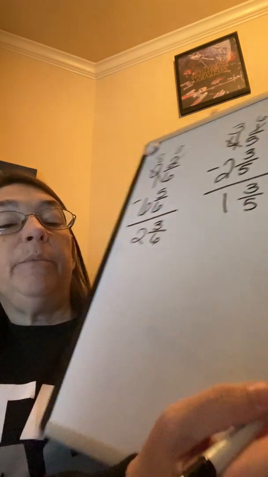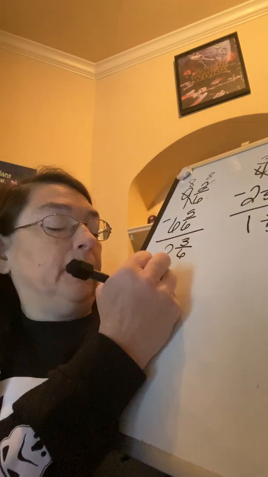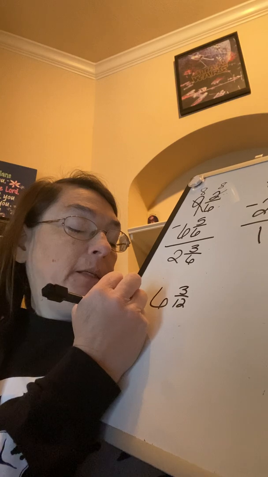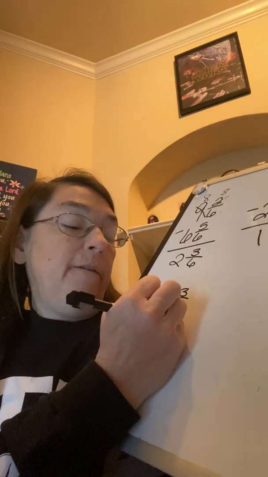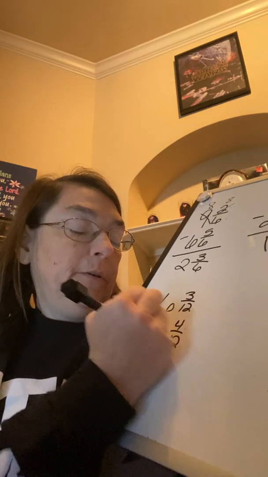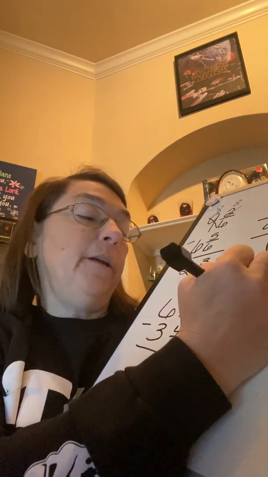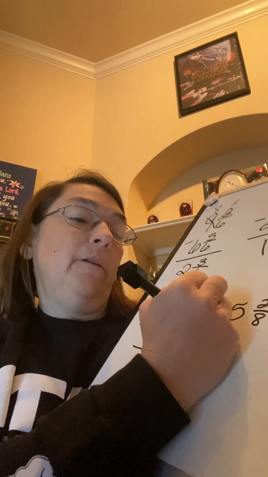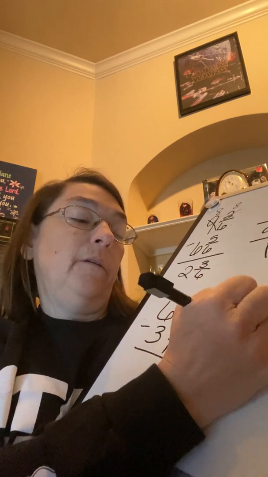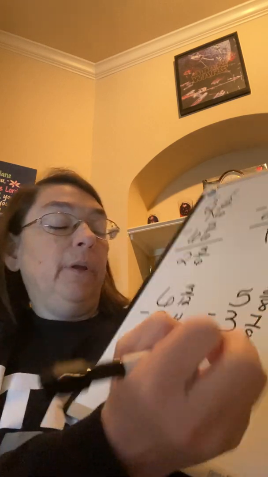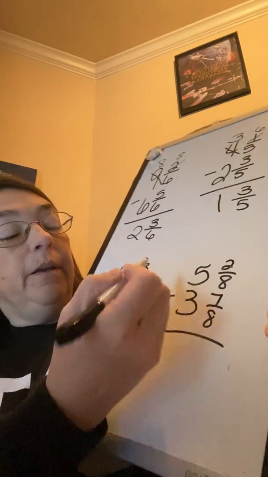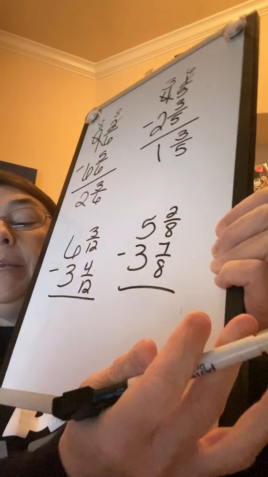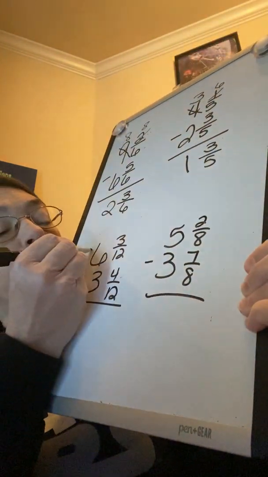All right, moving to number 7. You had 6 and 3 over 12 minus 3 and 4 over 12. And I'm going to go ahead and write down 8 real quick. All right. So number 7, you have a 3 and a 4. You can't take 4 away from 3. So you have to regroup your 6.